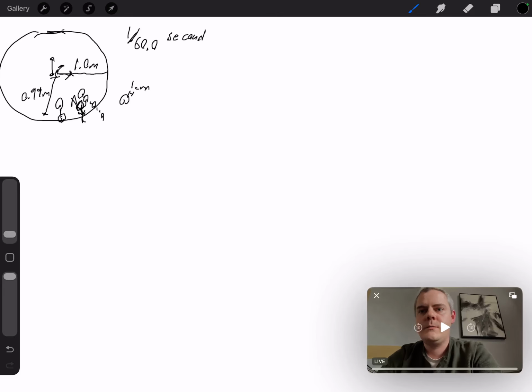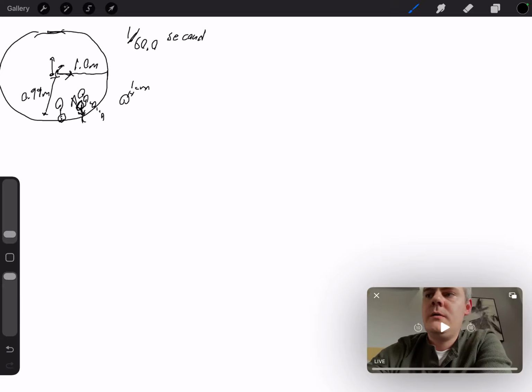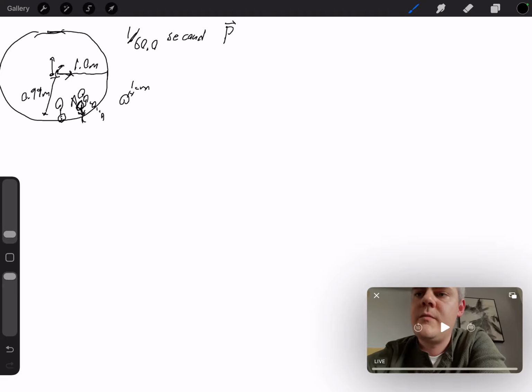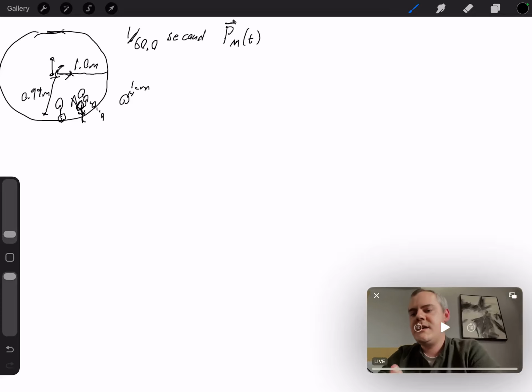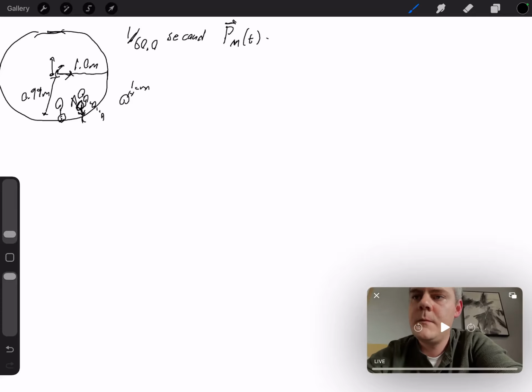Okay, so a bit more about this problem. There's a position vector for the marble, which is a function of time. This vector, meaning it's an XYZ position, is changing with time.